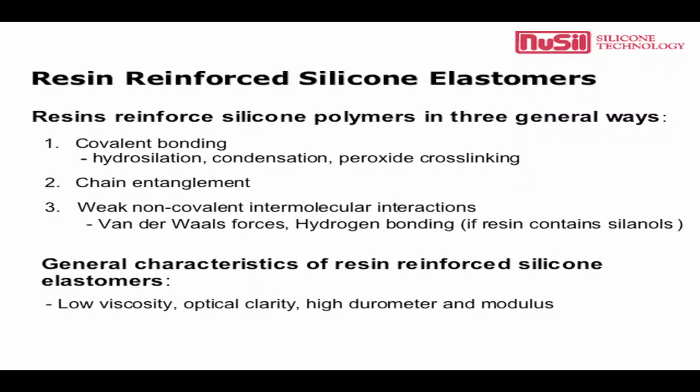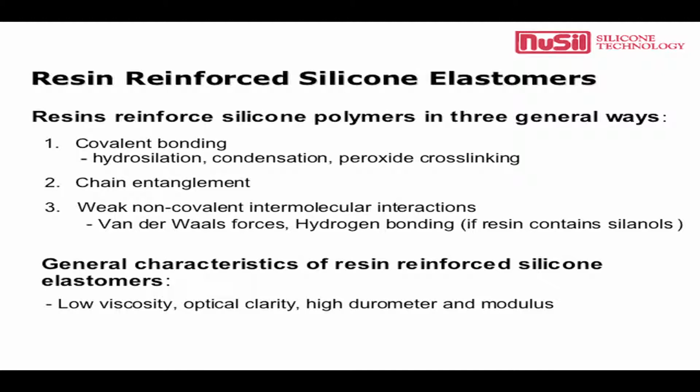So we've talked a bit about silica reinforcement being a common reinforcement. The other, less used but almost equally as common reinforcement for silicones is resins. What you get with resins that is in some ways beneficial is you can get lower viscosity, so you get decent physical properties with a lower viscosity elastomer.